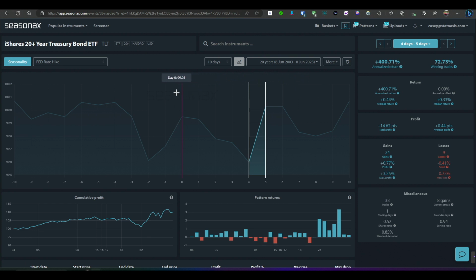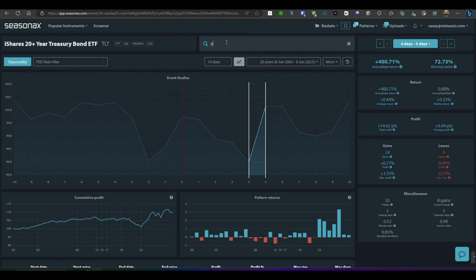So after a Fed rate hike, 4 days, you hold for 1 day, you're getting 0.33% median return per trade. 72 win percent. So this is better than the rate change. And that's 400 annualized because you're holding on 1 day. And that's why it's big. And it's been working for the last 20 years. So again, the testing is extremely easy and you can easily find something.